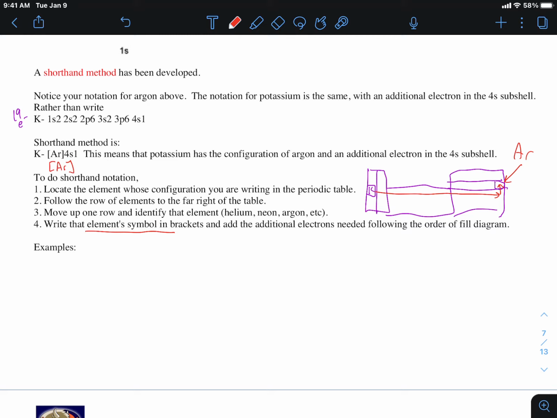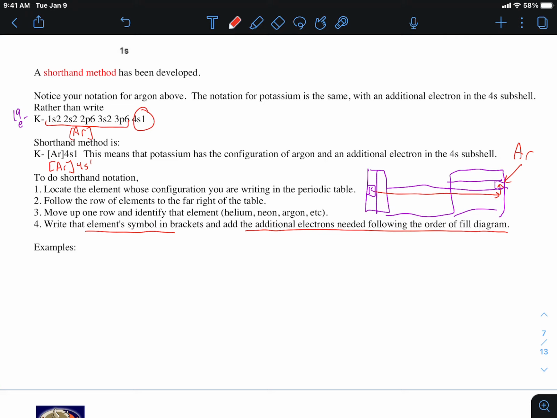And then add the additional electrons needed following the order of fill. Argon represents the first 18 electrons, so this whole bit right here represents argon. And look what's left after you establish argon in brackets. You only have the 1 electron left, which is in 4s1. So that's why we write argon and 4s1. And that's what we call shorthand.